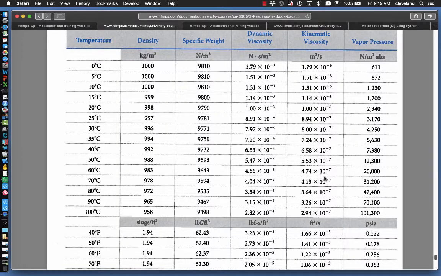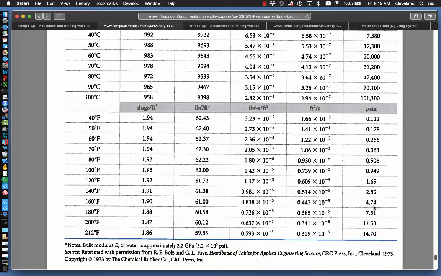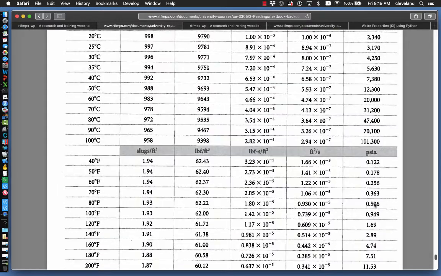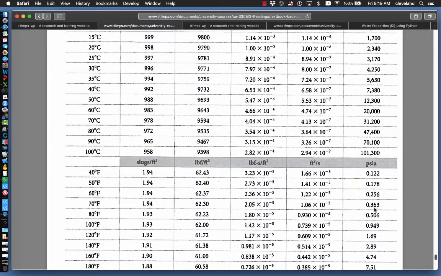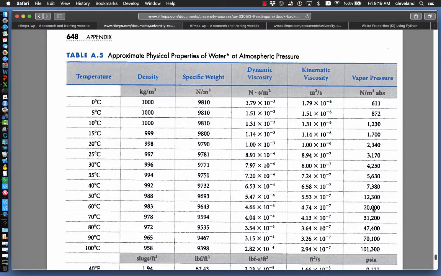Density versus pressure. Well, we can use this table to infer some behavior. Liquid water at 0 degrees Celsius, so water that's at freezing temperature but has not phase changed yet, exerts a vapor pressure of 611 newtons per meter squared.